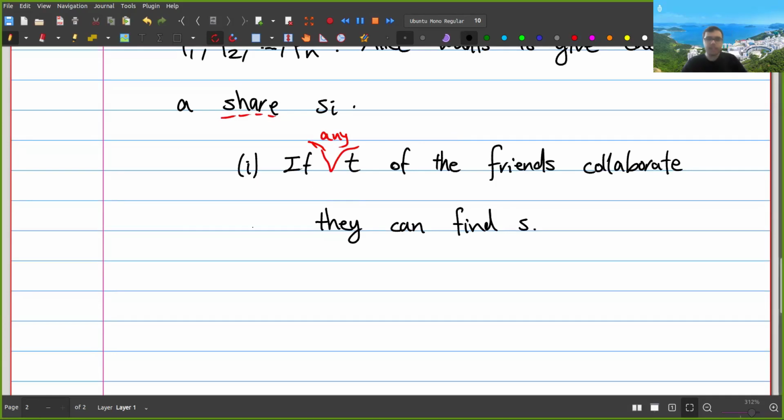And of course, the second requirement is that if there are T minus 1 friends, they shouldn't be able to do it. Okay. So actually, let me write it like this. I can write that any T of the friends who collaborate can find S. Okay.